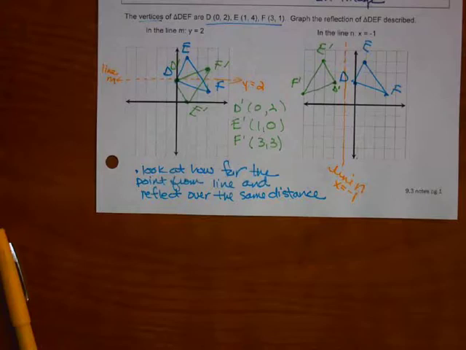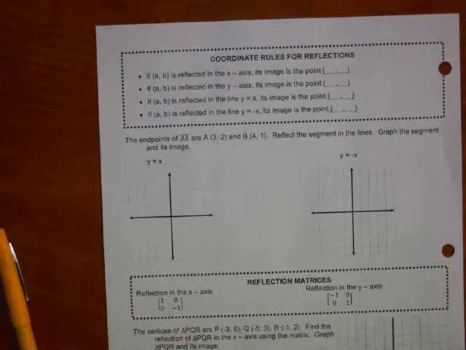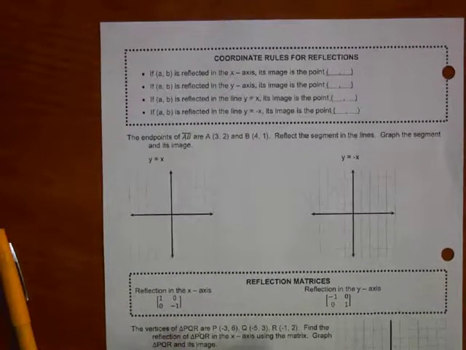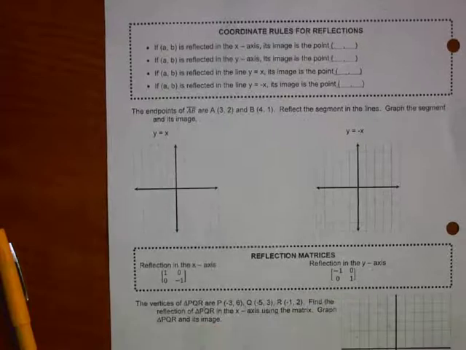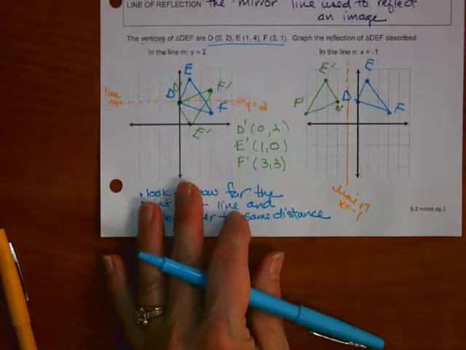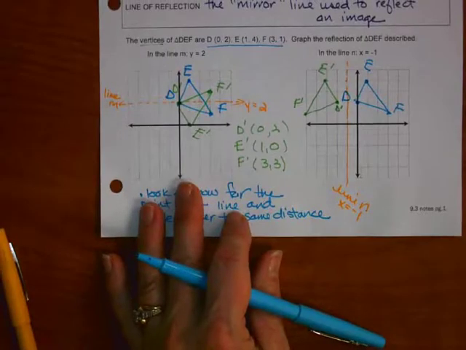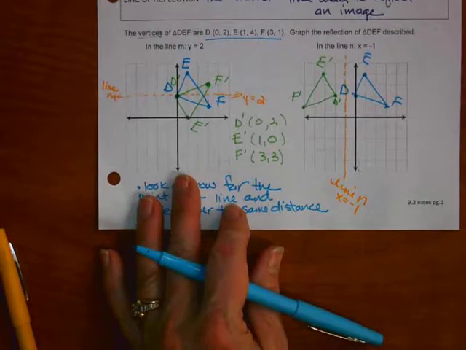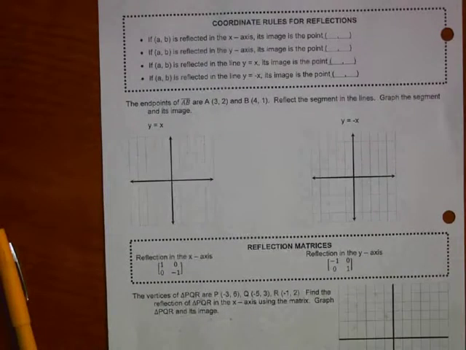Alrighty, turn it over. So these are some rules, coordinate rules for reflections. So you don't necessarily always have to graph it if you can just remember these rules. And you guys explored them yesterday.